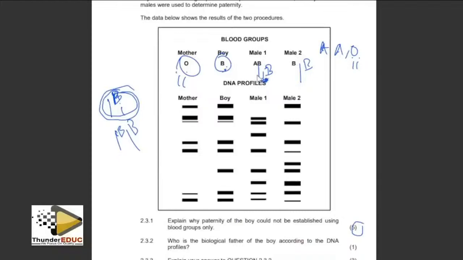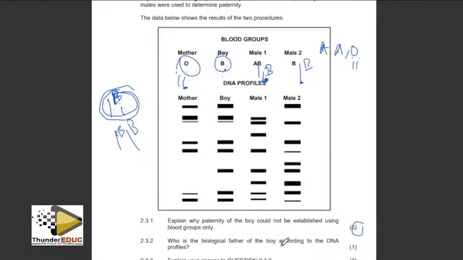Or this one also can give 1 allele for B and get another one from here, so he also can be the father. That's why we cannot conclude using blood group who is the father of this boy. As I repeat, blood group can only be used to eliminate the possibilities which cannot happen in a situation.